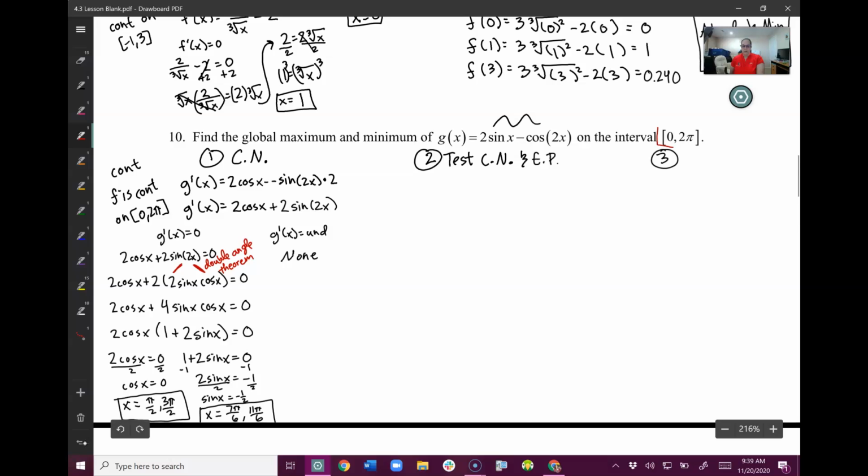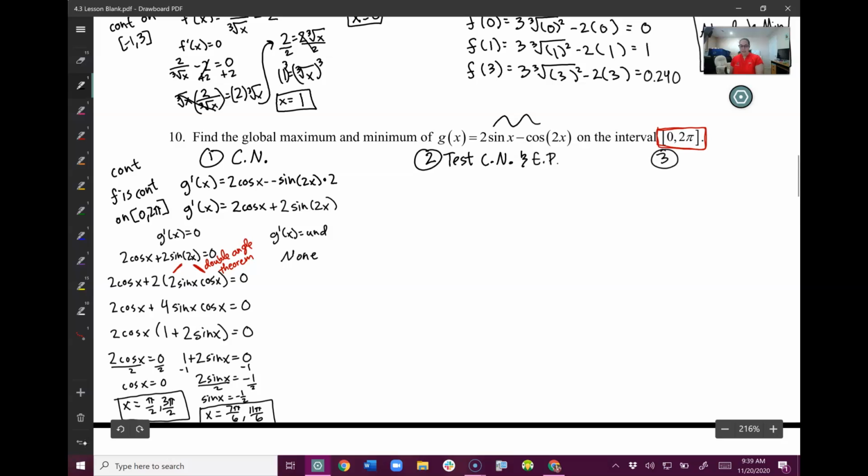Your interval is from 0 to 2 pi. So you'll want all the answers on the unit circle from 0 to 2 pi. Then I solve this one, get sine of x equals negative 1/2. The y value equals negative 1/2 on the unit circle at 7 pi 6 and 11 pi 6. So those are your critical numbers, and there's nowhere where it's undefined, so we're good there.